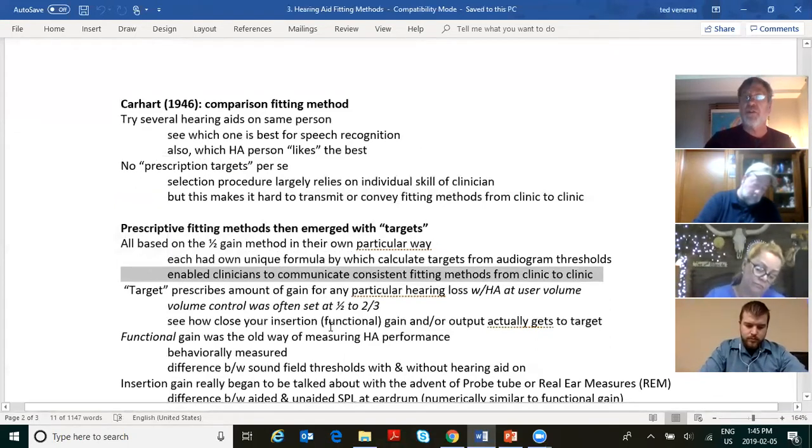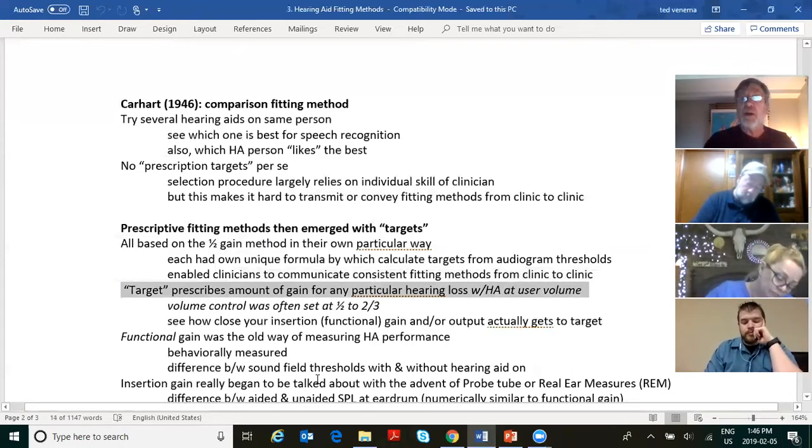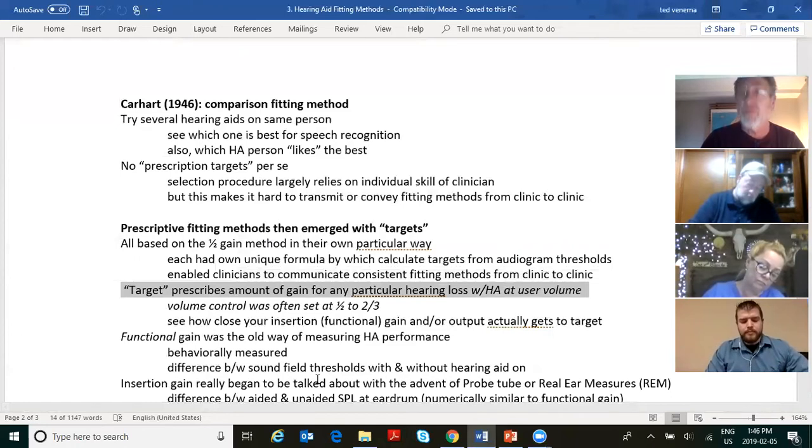That was the beauty of them. Okay, they each used their own kind of weird little math to come up with the targets for any particular loss. So the target prescribes the amount of gain for any particular loss with the hearing aid at user volume.